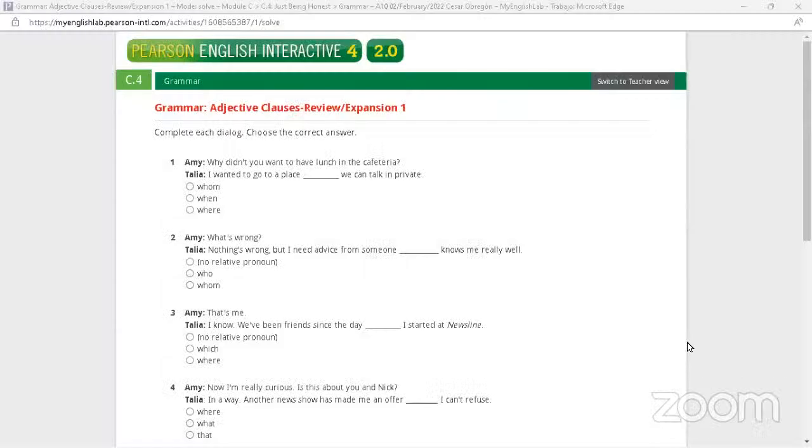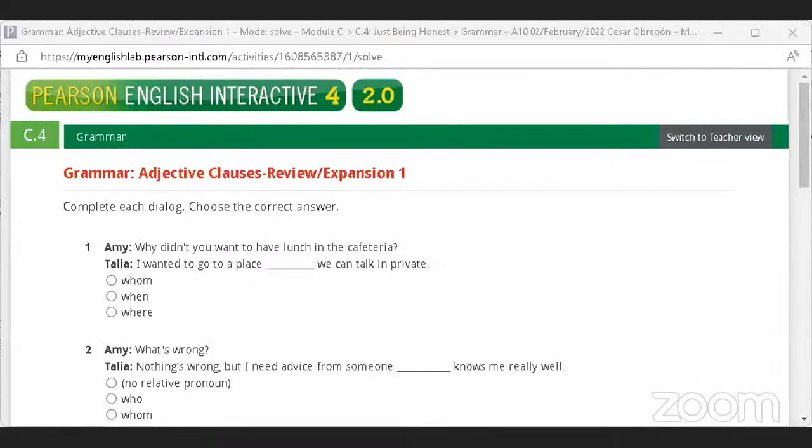All right, can you see my screen? Yes. Okay, so complete each dialogue, choose the correct answer. Why didn't you want to have lunch in the cafeteria? I want to go to a place where we can talk in private.